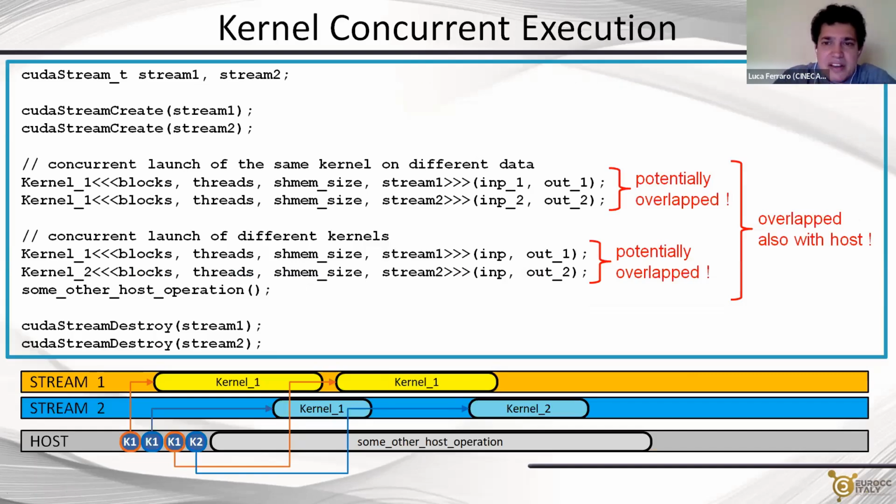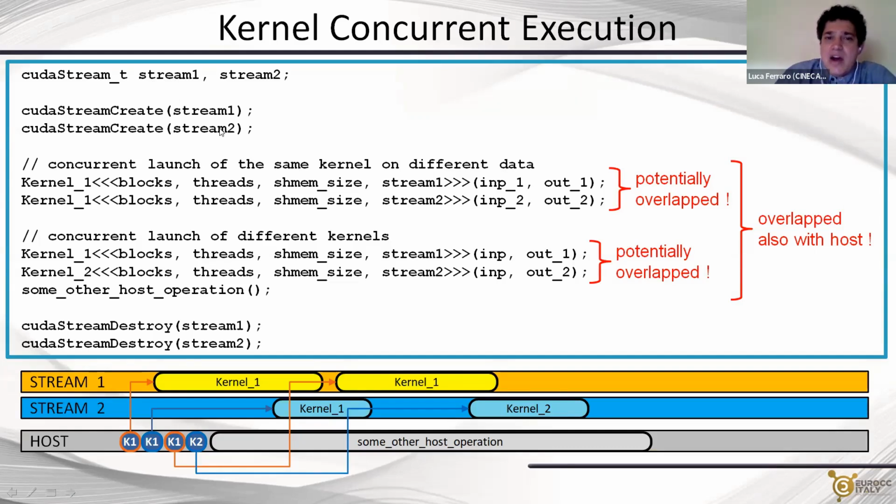So this is a concrete example of my previous slide. Here I declared two other streams, stream 1 and stream 2. I have to initialize these objects with cudaStreamCreate, stream 1, stream 2.